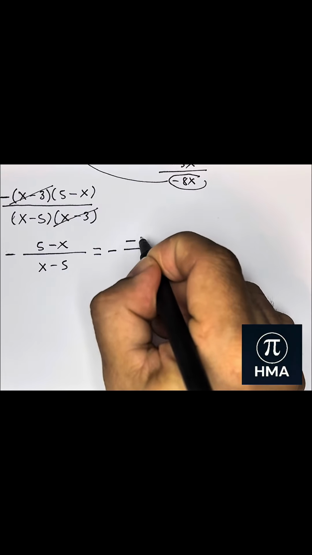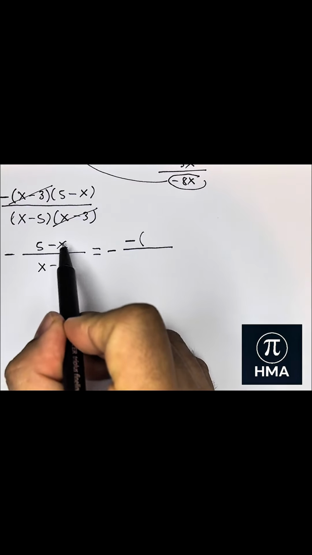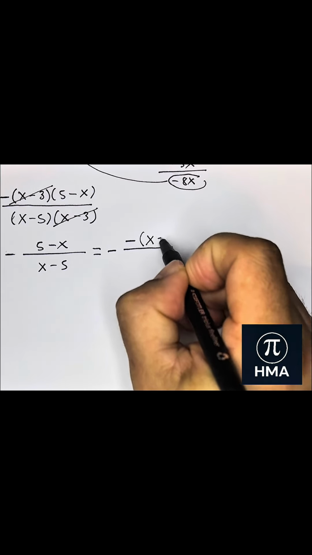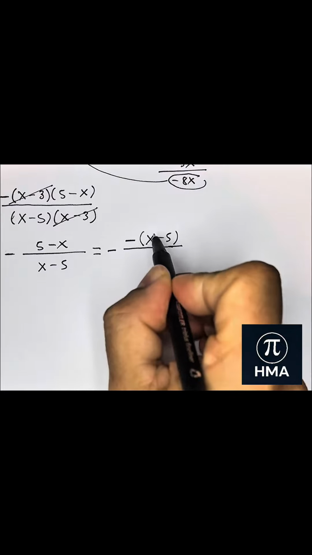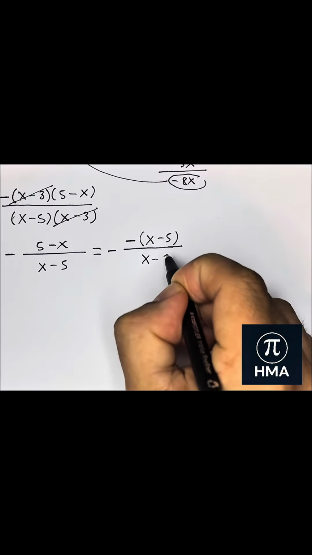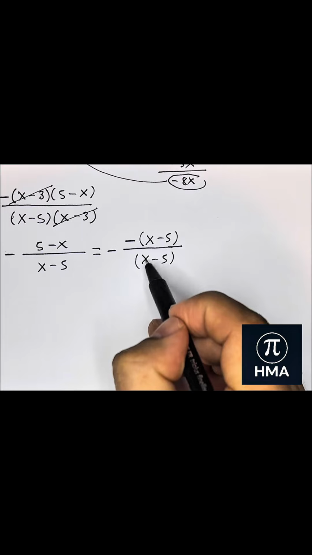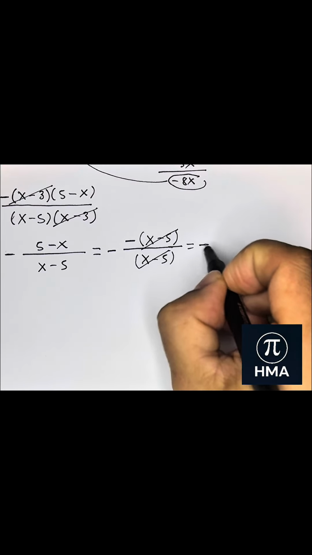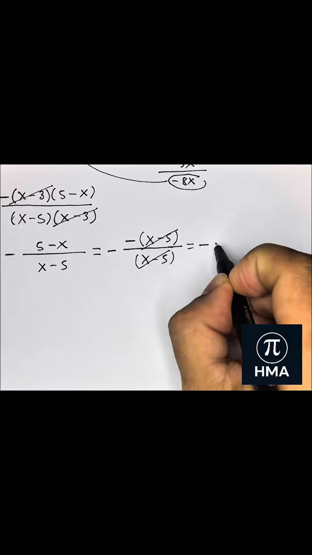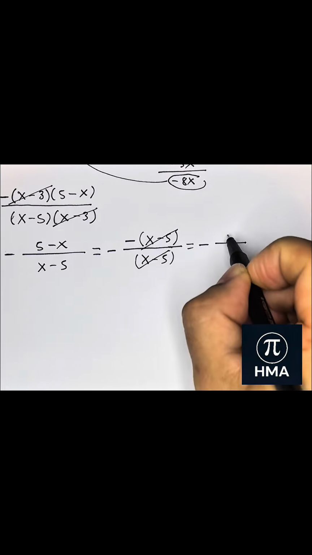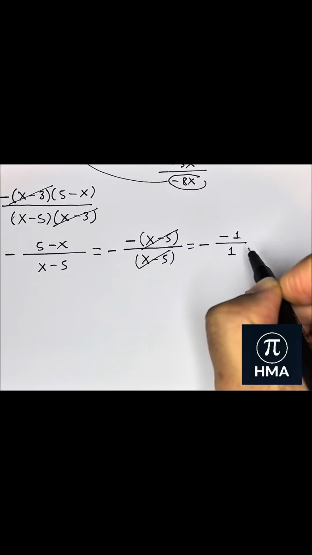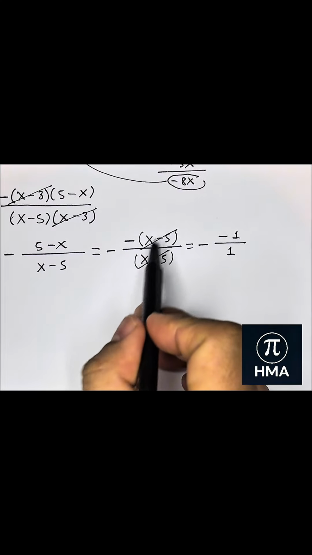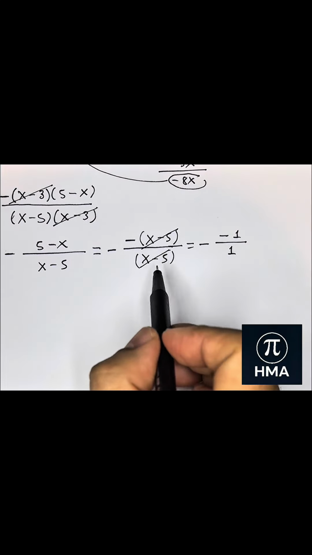I will put a negative, and then instead of writing 5 minus x, I need to write x minus 5, because I have taken already a negative, and x minus 5. Now these two are exactly the same, so we can eliminate them. So we have a negative from outside, and in the top we will have minus 1, and in the denominator a 1, right? Because we have just removed them by division.